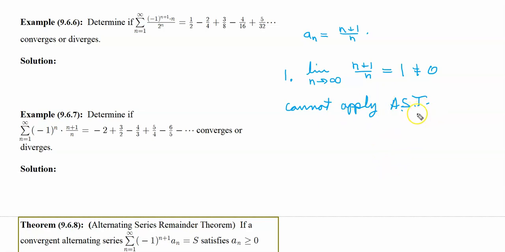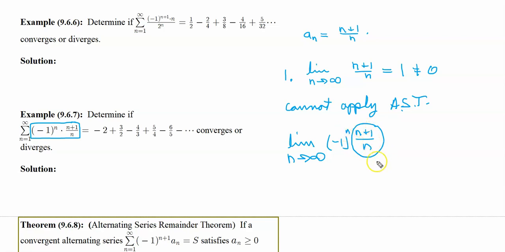Okay, well, let's also notice that since the limit as n goes to infinity of n plus 1 over n is 1, what that means is if we just look at the limit as n goes to infinity of the whole thing here, throw in the negative 1 to the n, you see these terms right here, put the n right back in there, these terms are approaching 1.